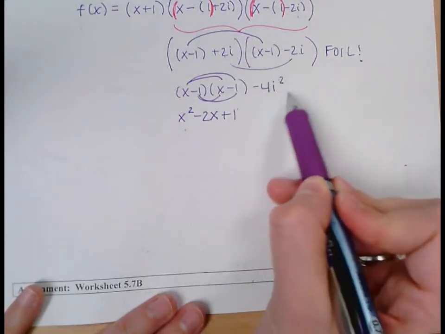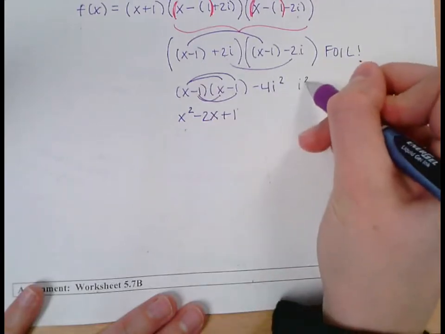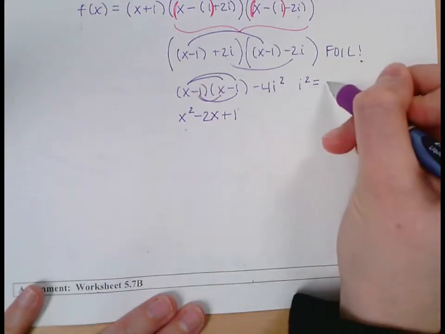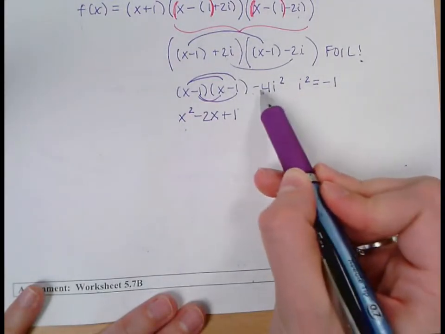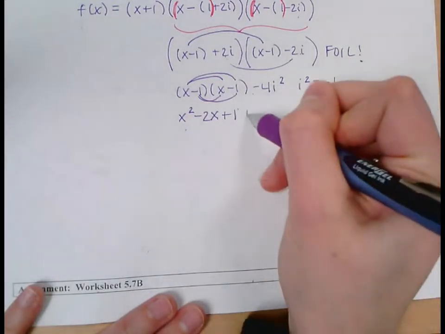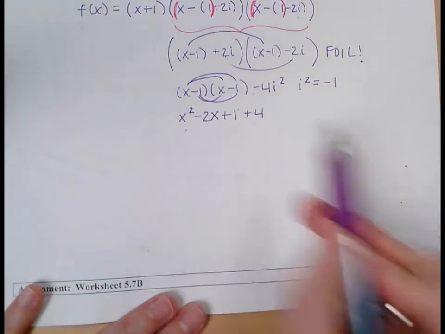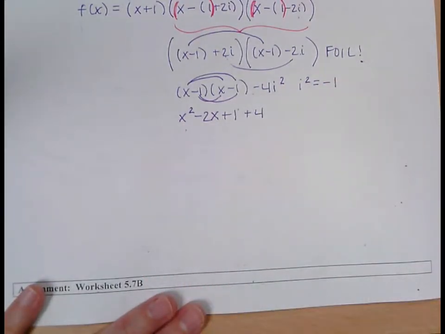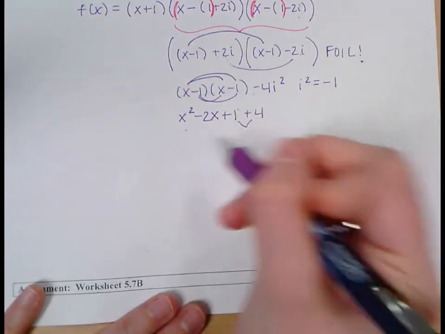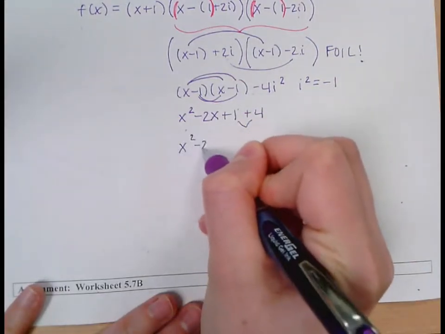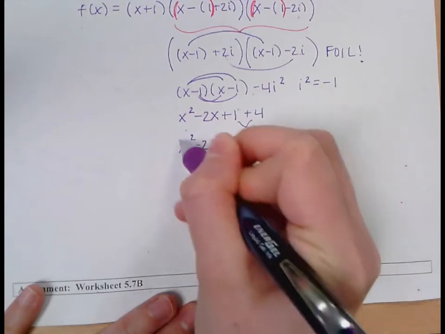But then when I simplify minus 4i squared, what is i squared equal to? Negative 1. So minus 4i squared is really negative 4 times negative 1, so it's positive 4. And notice my i's are gone. And that should happen. It should always happen. So now I'm just going to combine the 1 and the 4, so x squared minus 2x plus 5.